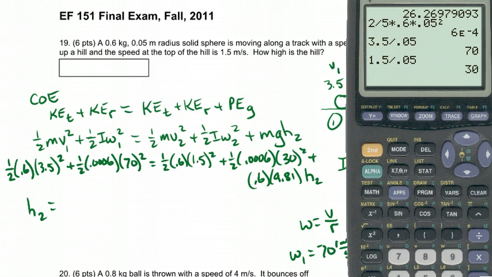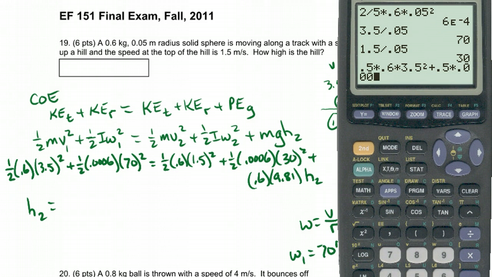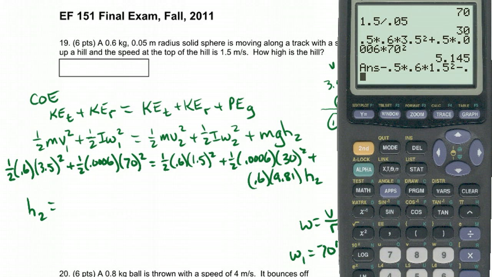Alright, let's see if we can get everything to work out here. So I'm going to calculate this, subtract off that, and then divide through by that. 0.5 times 0.6 times 3.5 squared plus 0.5 times 0.0006 times 70 squared, 5.145, minus 0.5 times 0.6 times 1.5 squared minus 0.5 times 0.0006 times 30 squared.